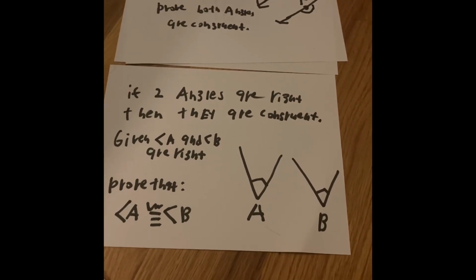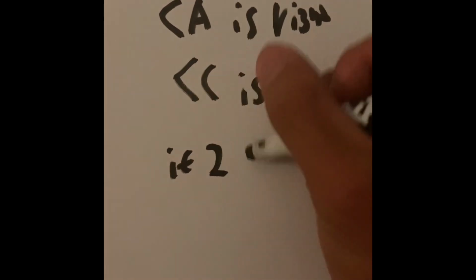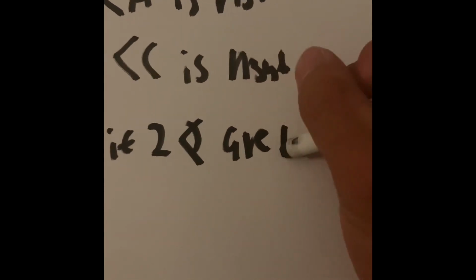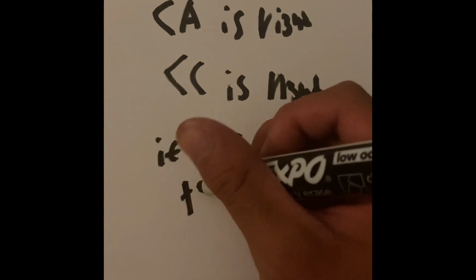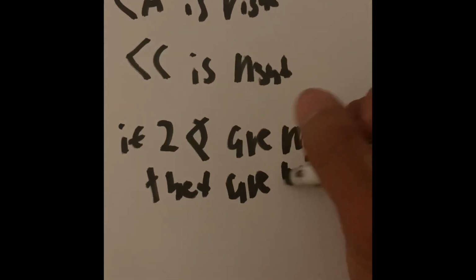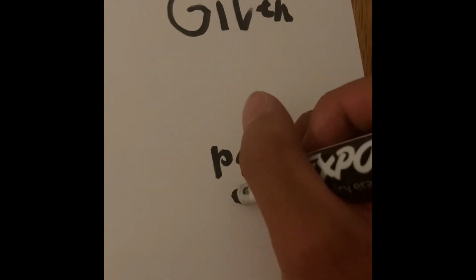In that case, we can write our statement: if two angles are right, then they are congruent. And for the reason, it can be our past proof.